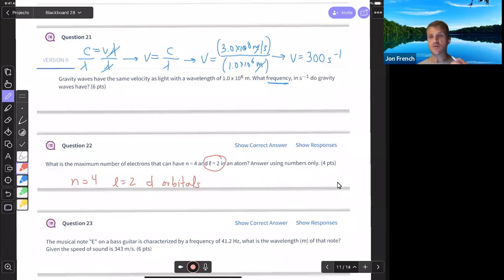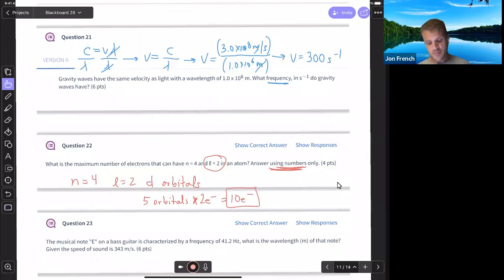And anytime I have d orbitals, we're going to have 5 d orbitals, right? So 5 orbitals, 2 electrons each, for a total of 10 electrons that we can hold in those d orbitals at the fourth quantum number. And yeah, answer with numbers only. Don't try to put electrons in there.